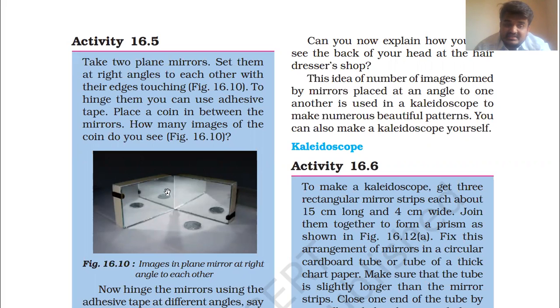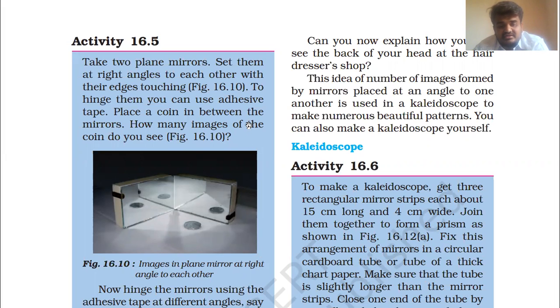Simply, we can say this image is the image of this image. Because in this mirror we can get an image of all the portions in front of the mirror, like this mirror, this coin, and this mirror also. So in this mirror we can see this image. This image must be the image of this one. So that's the reason we will have one more image.